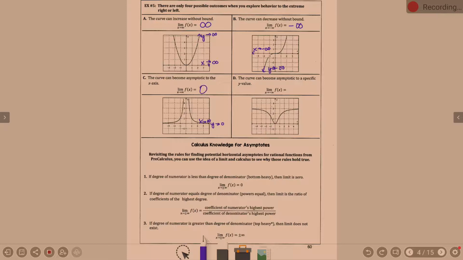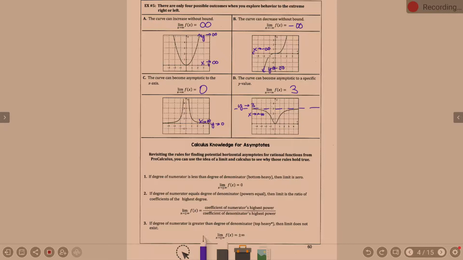And so we could be going to 0. Or the curve can become asymptotic to a specific y value. So as x approaches negative infinity here, as we go to the left, where's my graph going? Alongside the y value of 3. And so thus the specific y value. Okay?